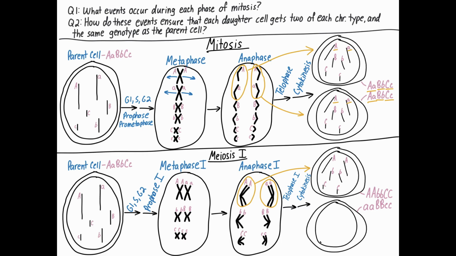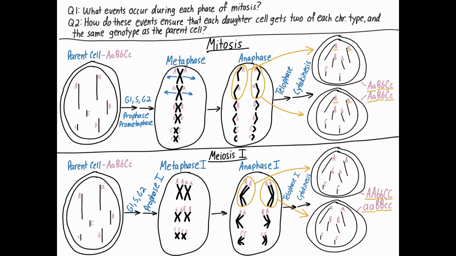And 2 of the other allele would be inherited by the other daughter cell. In this case, after meiosis I, one daughter cell would be big A, and one would be small a. The same thing could happen for genes B and C. They can have different genotypes because the sister chromatids were not separated during anaphase I.